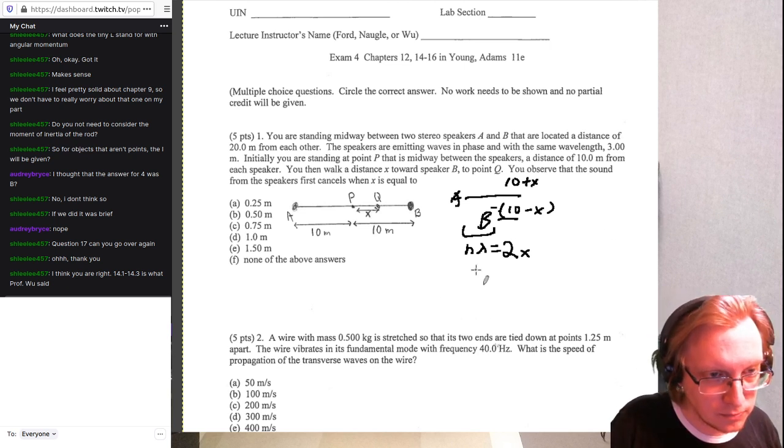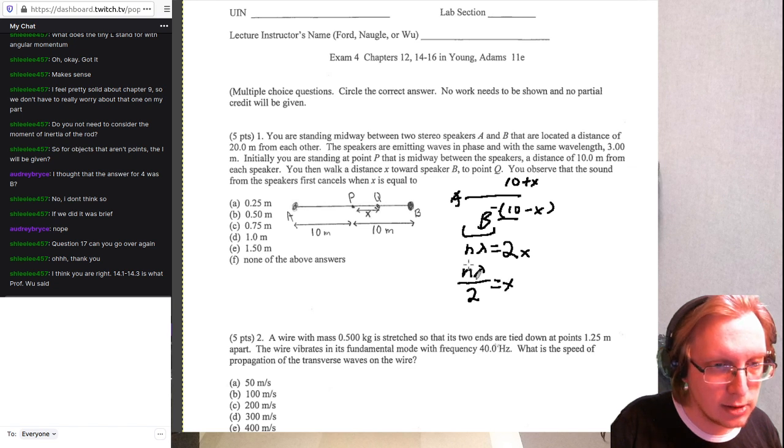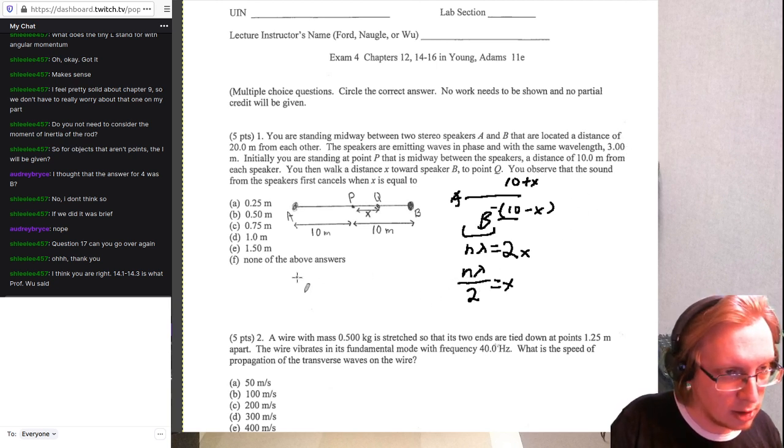So now we end up with n lambda on 2 is equal to our x, where n is some integer, so integer half, and this is 3 here, so we end up with 1 half, or 1 or 3 halves, or whatever, 2 times 3 meters.